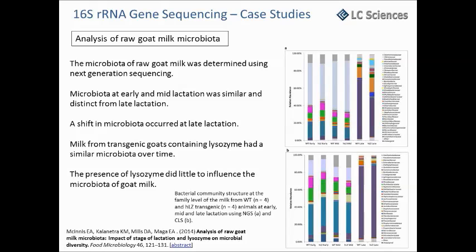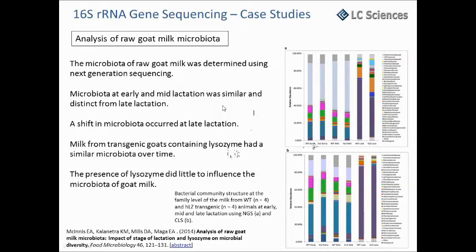They want to see if, after the transgenic goats express the lysozyme in their milk, it can prevent the growth of bacteria over time. So they did the 16S. They extracted the DNA using the Norgen's kit. I want to emphasize that they did use the Norgen's kit to extract the DNA.